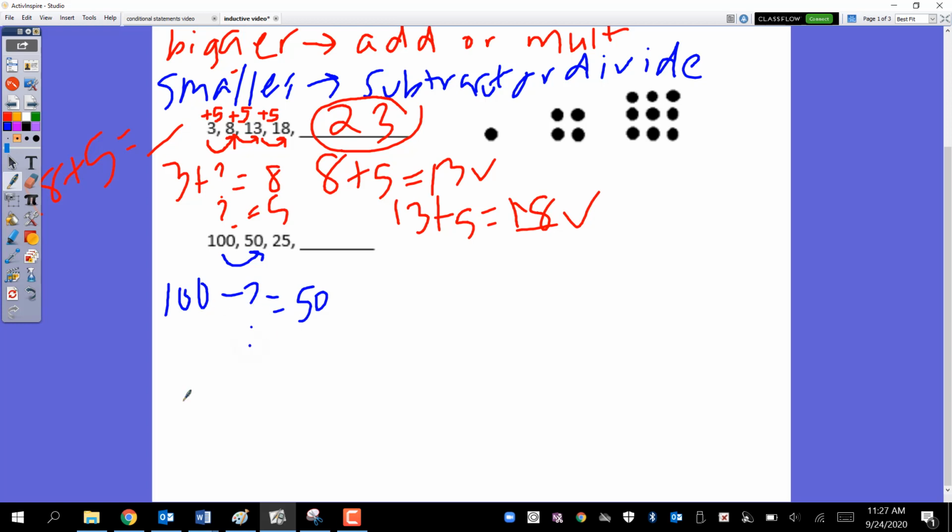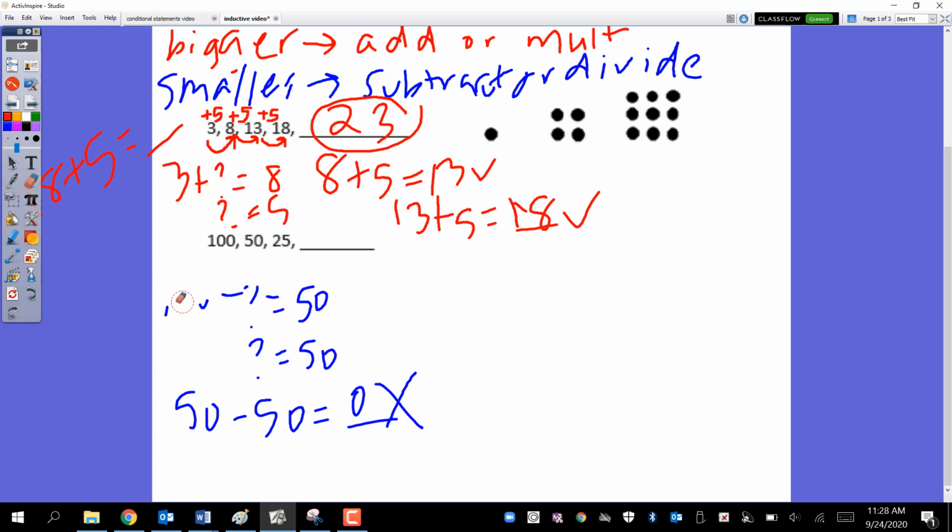If you did not know, that's 50. So right now I think the rule might be minus 50. But we're going to check, does that rule work on the next one? So I'm going to check 50 minus 50. What does that equal? It equals 0. Is that what this number said? No. So that's not the pattern. I'm going to erase all this because it's not right.